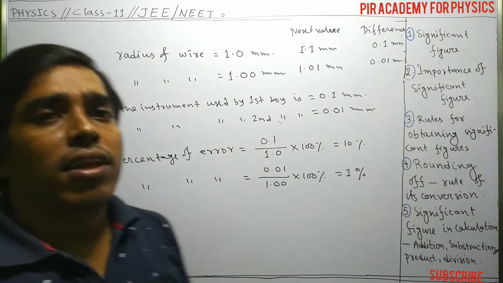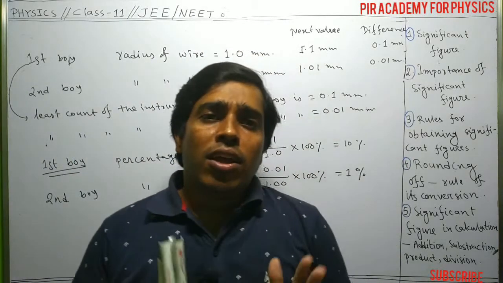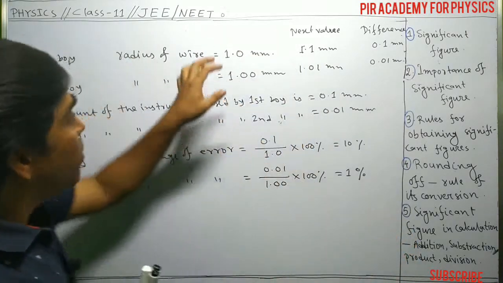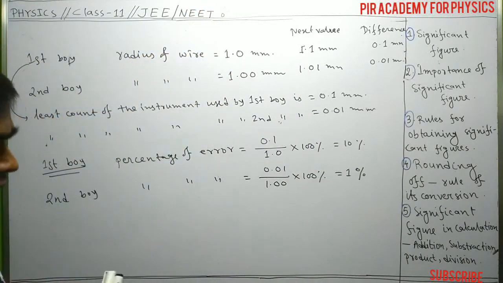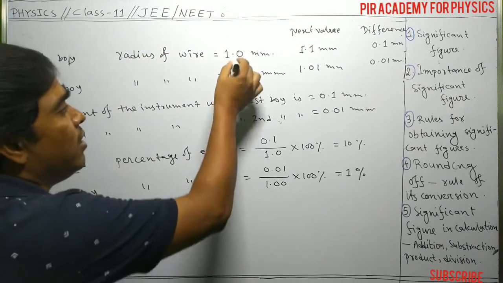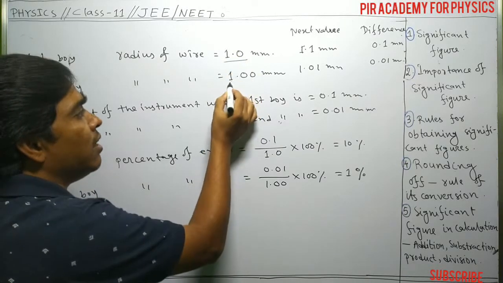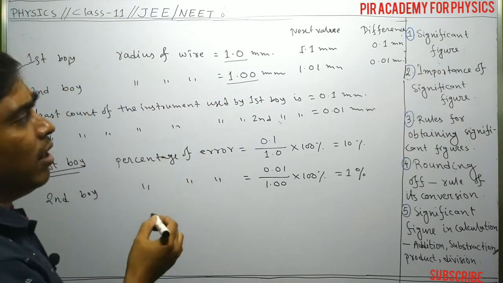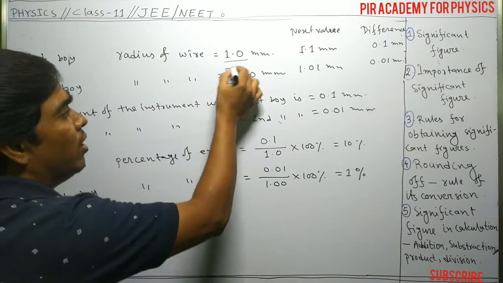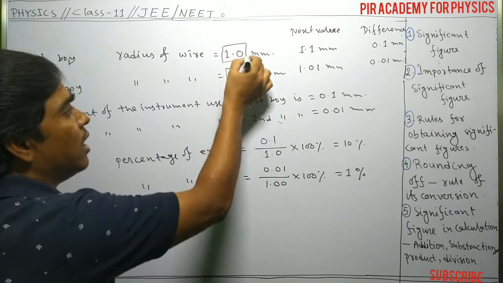That means these are different numbers with the same magnitude, but here there are two digits and here there are three digits. That means the number of significant figures here is 2 and here is 3.